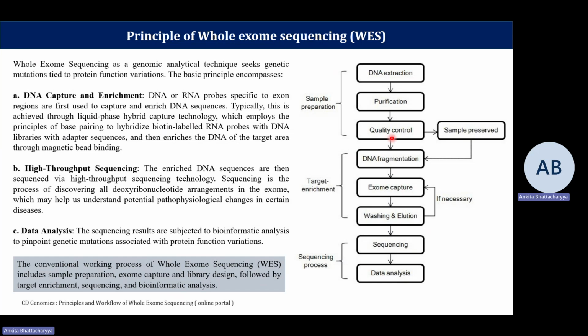So under that, DNA fragmentation is the most crucial step. And following that, you have exome capture and washing and elution if necessary, which allows for target enrichment. And this can be repeated multiple times to enrich for your template, to enrich for your target, which will be used for sequencing.